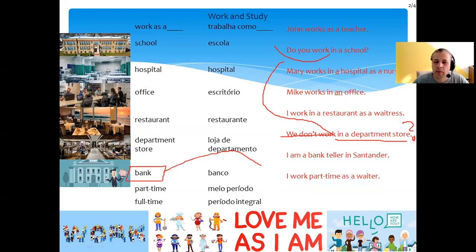Part-time. I work part-time as a waiter. Eu trabalho meio período as a waiter, como um garçom. Okay. How can you say, eu trabalho meio período como um enfermeiro? I work part-time as a nurse. Full-time. She works full-time as a teacher.